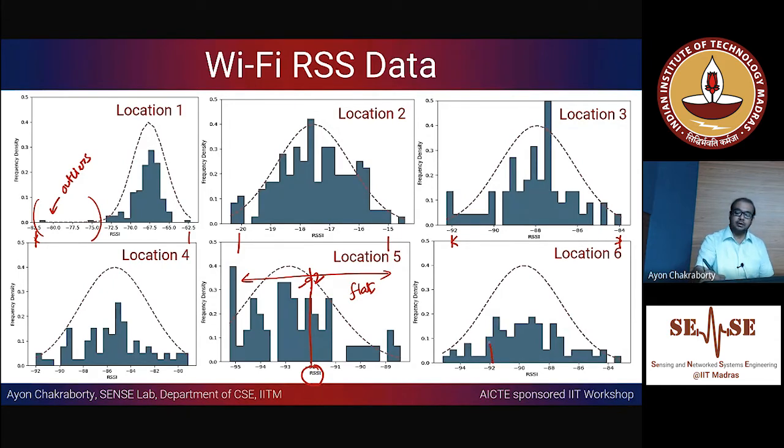Minus 92 can also come from here with this probability, and from here with a lower probability. It cannot come from here. Minus 92 probably cannot come from here. Minus 92 can come from here with a lower probability. So probably minus 92 has come from either location 5 or location 6, and with a higher probability probably from location 5.